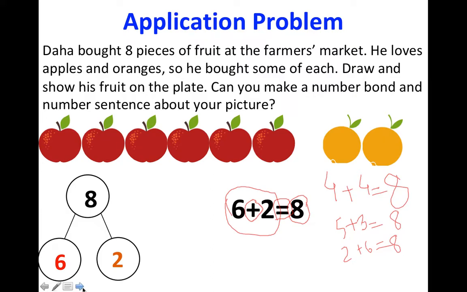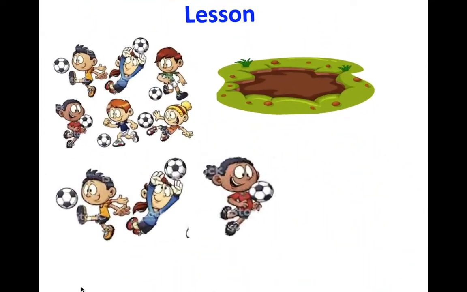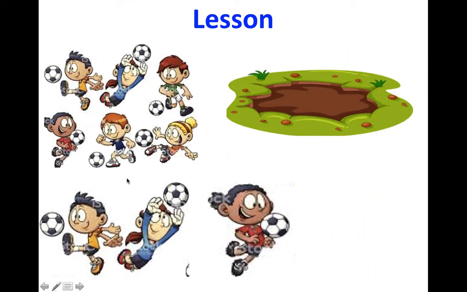So let's continue on. At this time, I need you to put all of your materials to the side and listen to my story. Okay, this is very important, so please put all the materials to the side and listen to my story. I have 9 children. 1, 2, 3, 4, 5, 6, 7, 8, 9. 9 children were playing in the field.